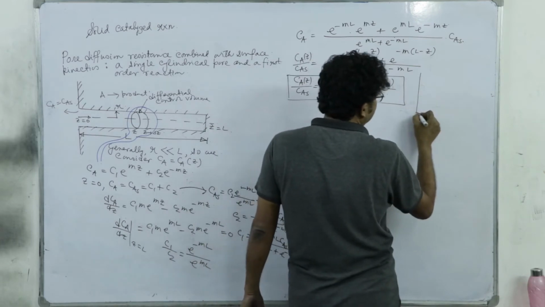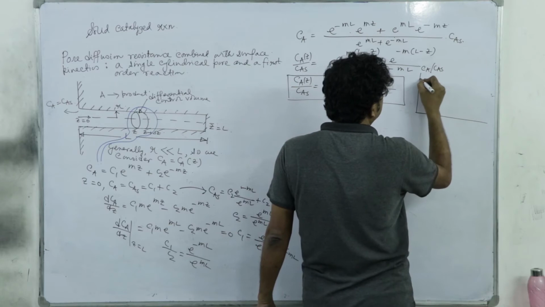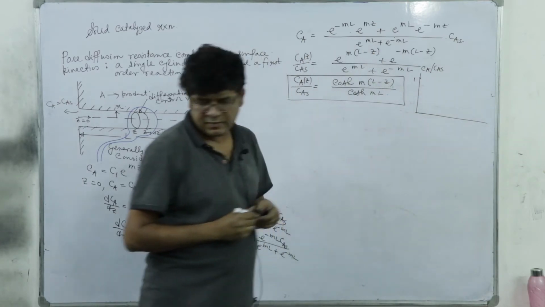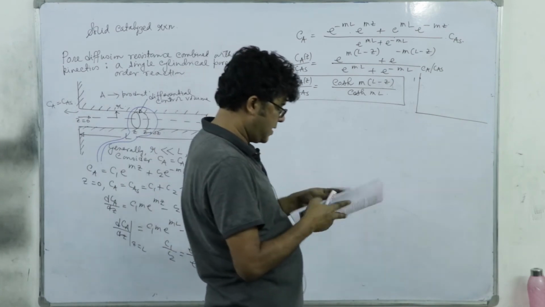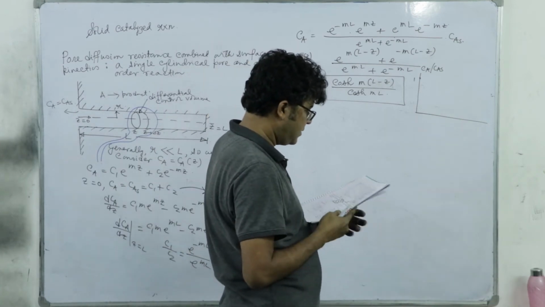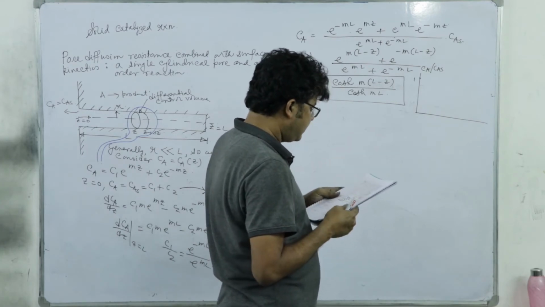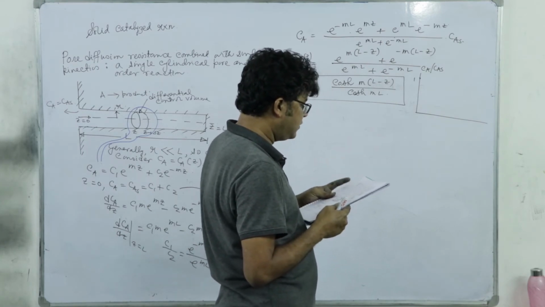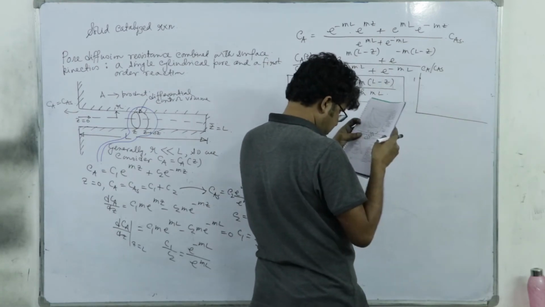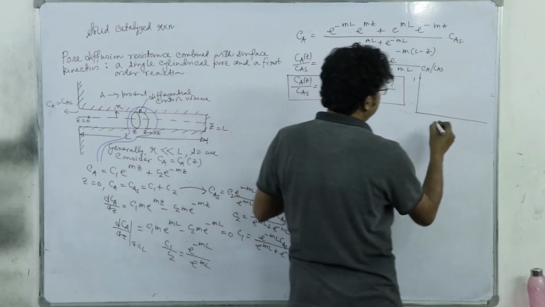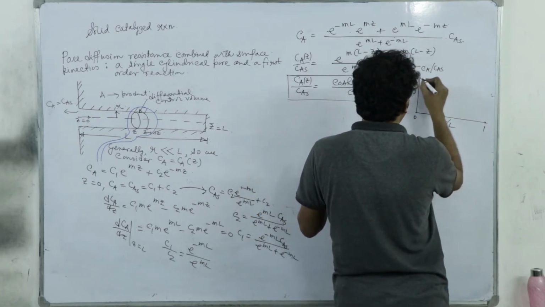So, based on the value of Ca by CAS, this is 1. Based on the concentration profile, based on the values of m and L, Ca by CAS will change. Like here, if we plot z by L, this is 1, this is 0.